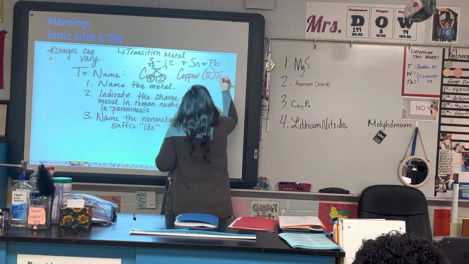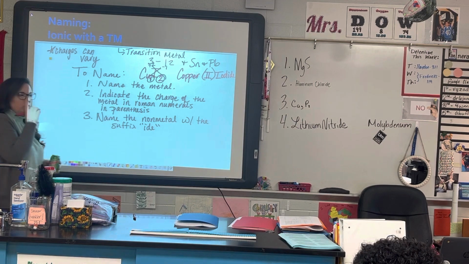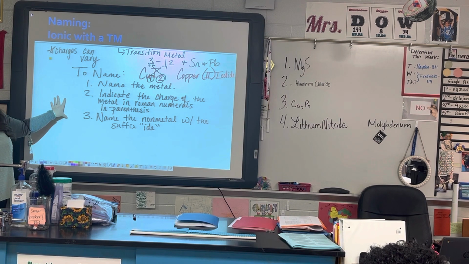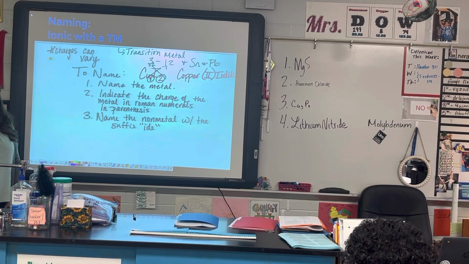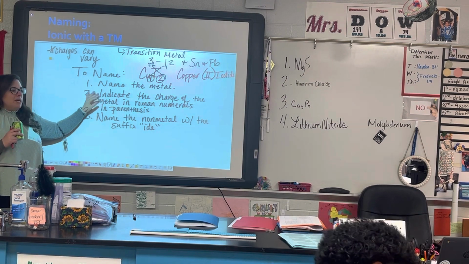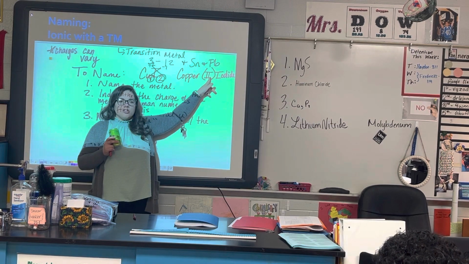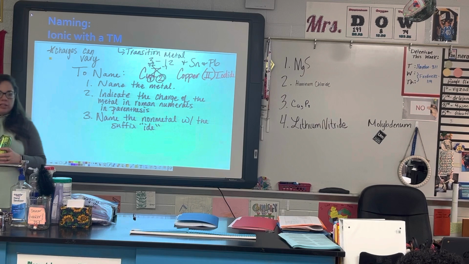So copper(II) iodide would be the name. So what's the only difference with this type versus our binary ionic compounds? The Roman numerals, step 2, because our charges can vary. So we're indicating the charge of our transition metal in the name. Only difference.